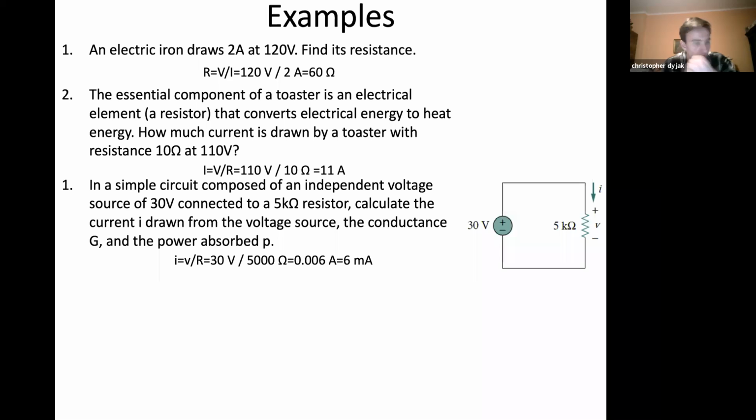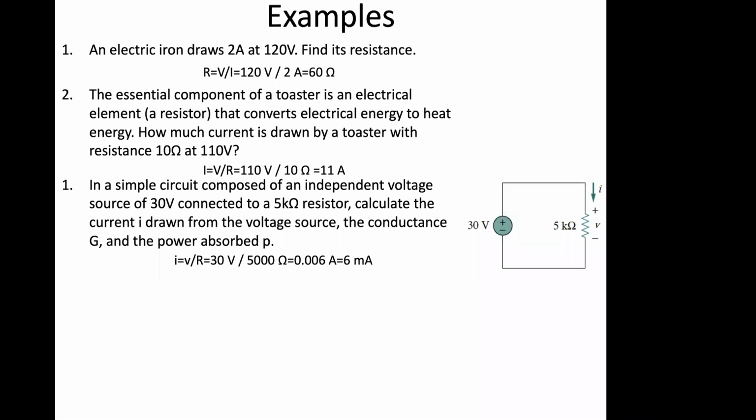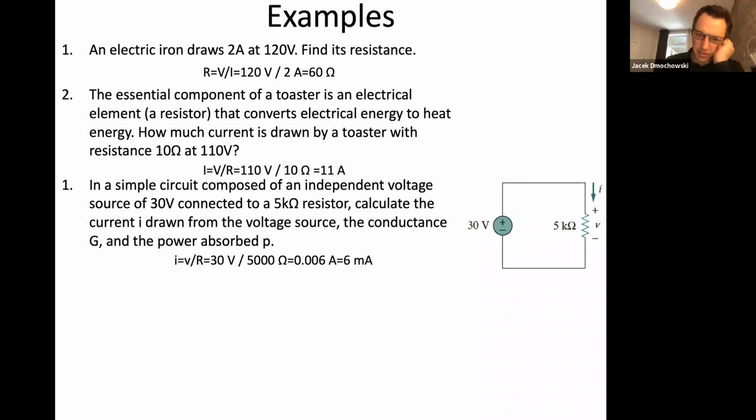Is it Siemens? Just 1/5K. So 1/5,000, which is 0.0002 or 0.2 millisiemens. And what about the power absorbed P?